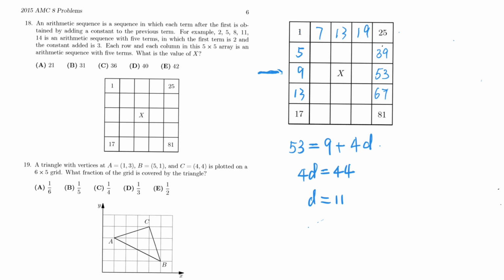So in the third row, the second number is 20. x equals 20 plus 11, 31. And the next number, 31 plus 11 is 42, plus 11 is 53. So the value of x is 31. That's B.